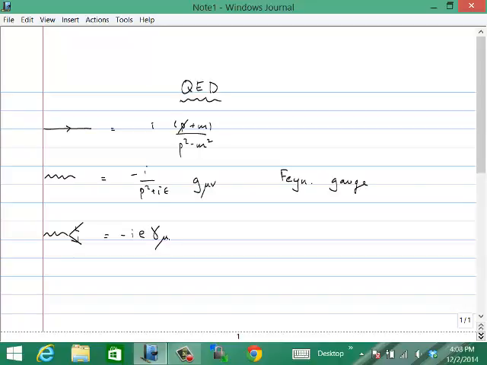This interaction vertex carries both a pair of spinor indices as well as a vector index. For example, the photon propagator carries two vector indices, the spinor propagator carries two spinor indices, which are usually left implicit, and the interaction vertex carries two spinor and one vector index.